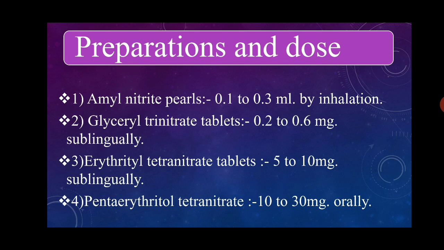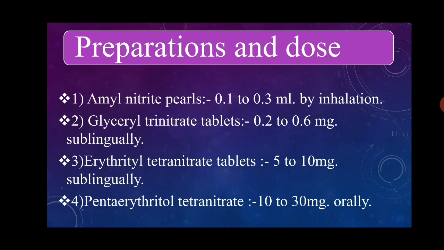See the next slide. Preparations and doses of nitrite and nitrate drugs, like amyl nitrite pearls. Amyl nitrite pearls are volatile liquids, dispensed in fragile ampoules to be broken open in the handkerchief and the vapor inhaled. These are preparations by the inhalation route.